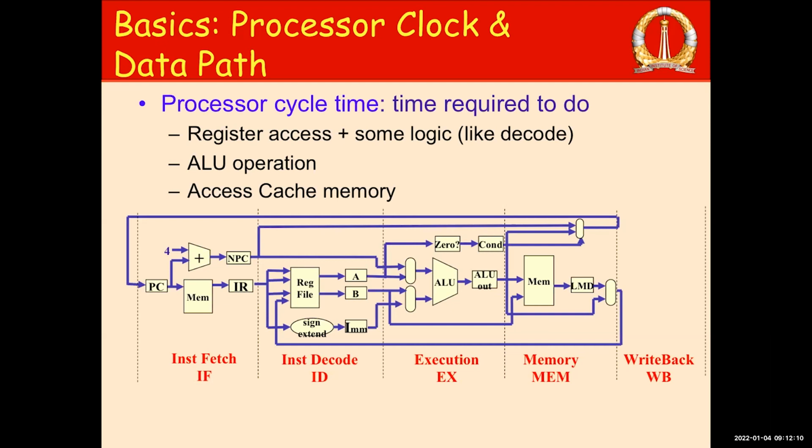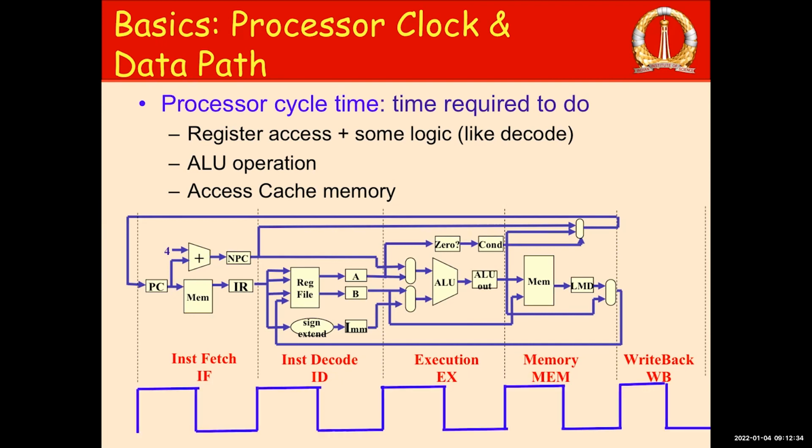Right. For example, you know that your desktop processor operates at 2 gigahertz or 2.5 gigahertz and so on. That essentially means that each one of these stages is taking roughly 1 over 2 gigahertz of time, which is let's say 0.5 nanoseconds, or 0.33 nanoseconds if it is a 3 gigahertz processor and so on. Right.